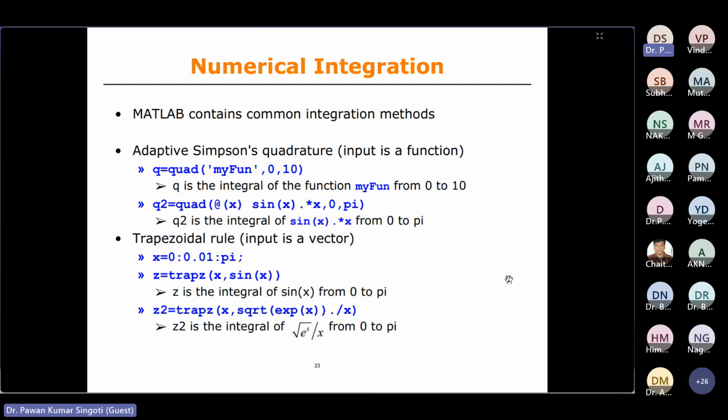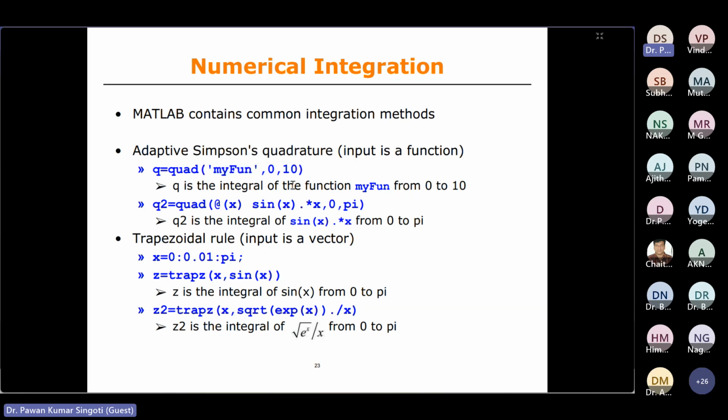For integration, you can use specified mathematical functions like Simpson quadrature and the trapezoid rule. For that purpose, you just write quad for Simpson quadrature. You write the function over here, and the limits, constants 0 to 10.